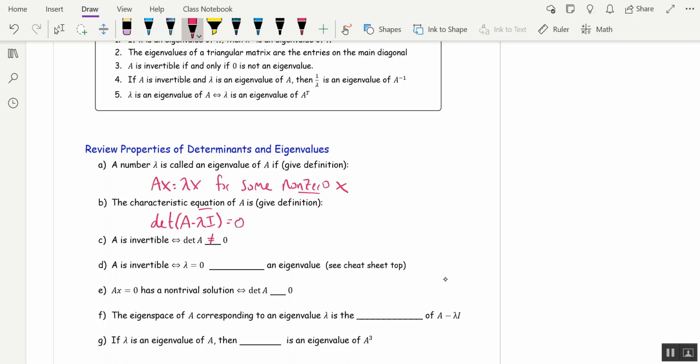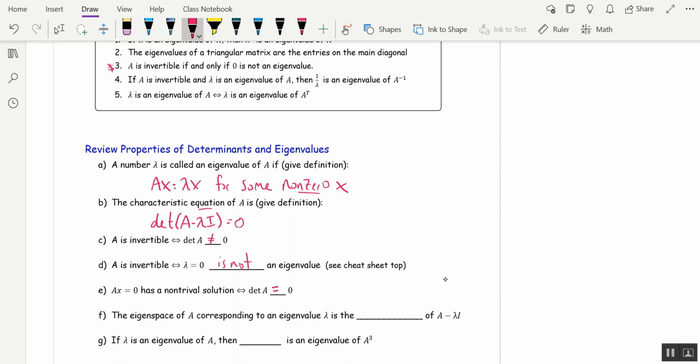A is invertible if and only if lambda equals 0 is not an eigenvalue. So that is number 3 up top. Ax equals 0 has a non-trivial solution if and only if the determinant of the matrix A is 0. This is the IMT.